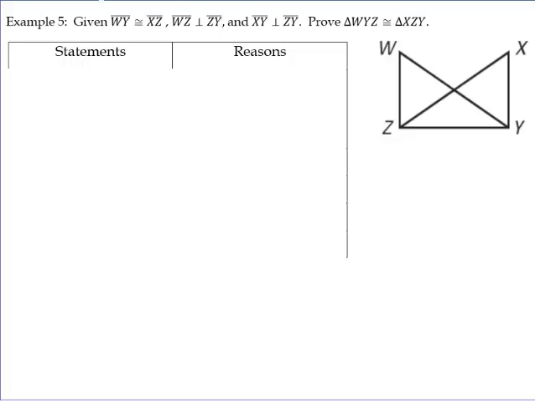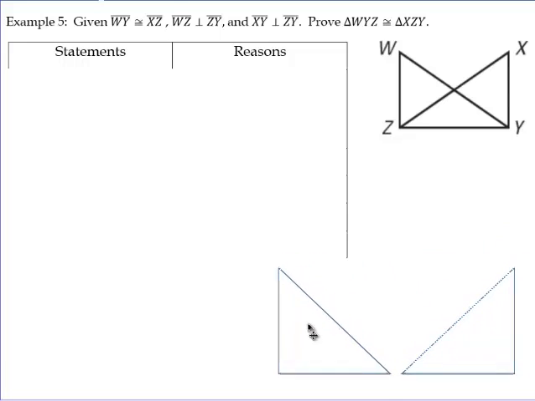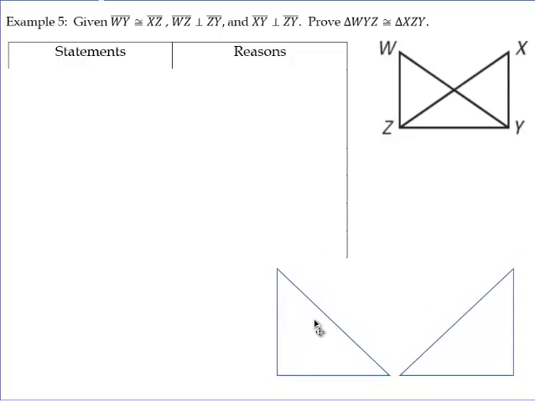Now you'll notice that I haven't put any of the congruence tick marks on this triangle. Whenever we have these overlapping triangles and there are subsections, segments to these bigger segments, I like to draw separate triangles to make sure that there is no confusion as to what is congruent.